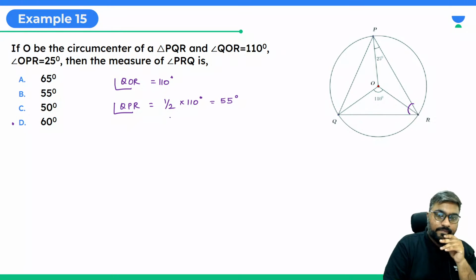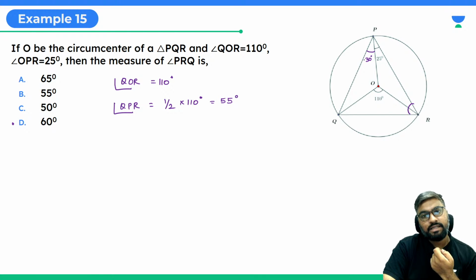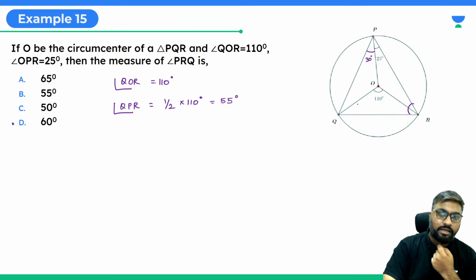Is it clear till here? So if this is 55 degrees, and if this is 25, then can we say this will be 30 degrees? Yes, if this is 30 degrees, again, what do you see?